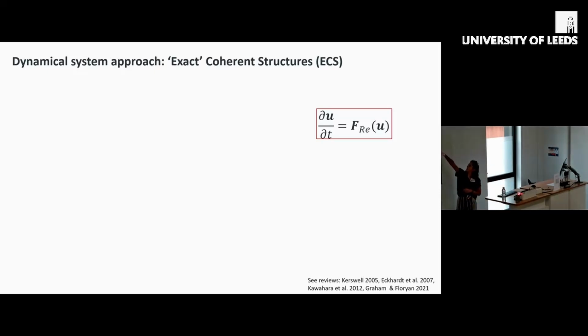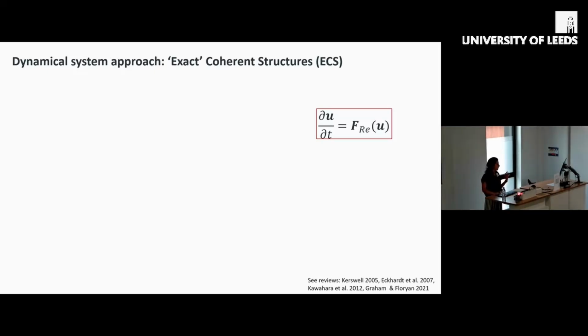Here I rewrite it: F is the right-hand side of the Navier-Stokes equation, which depends on our control parameter, the Reynolds number. And we can visualize the solution in phase space, where the flow evolves along a trajectory which is organized around various invariant sets and their stable and unstable manifolds.